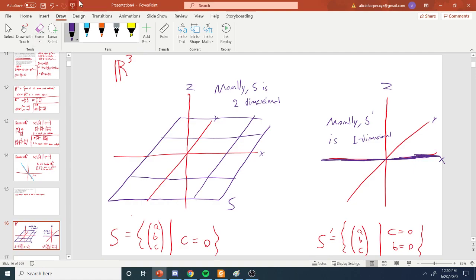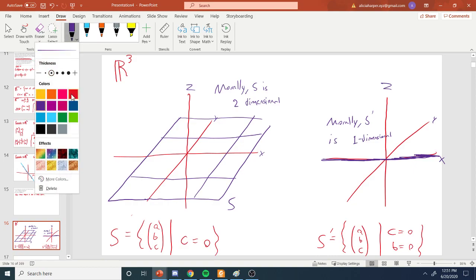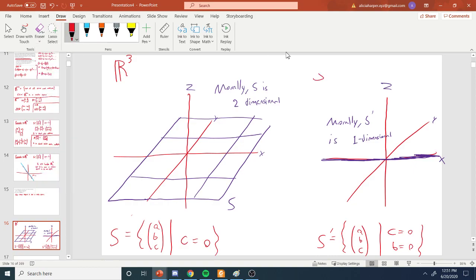For example, in this picture right here, S is a subspace of R3, and morally a two-dimensional one. But S prime is actually a subspace of both of them. So it lives inside S, but it also lives inside R3. So this indicates that subspaces can be big or small, and in some sense how big or small they are corresponds to the number of equations you impose.